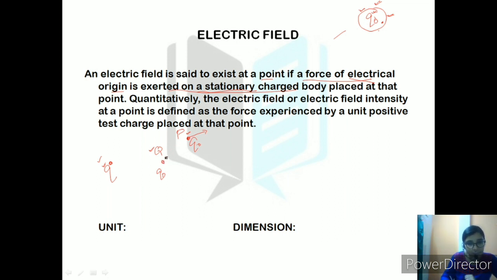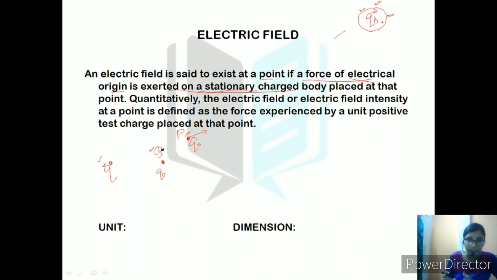If we want to find out the strength of the electric field at these two points, the force acting is different. We want to find out the strength of the electric field at different points, which will be different.